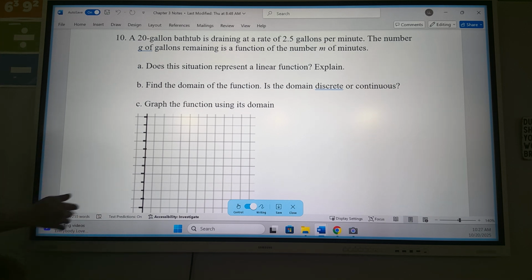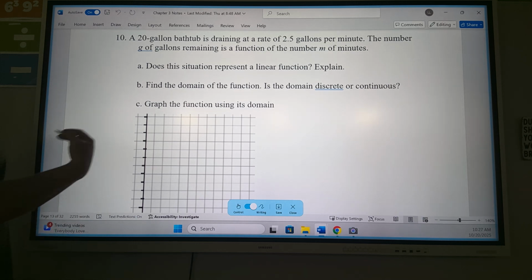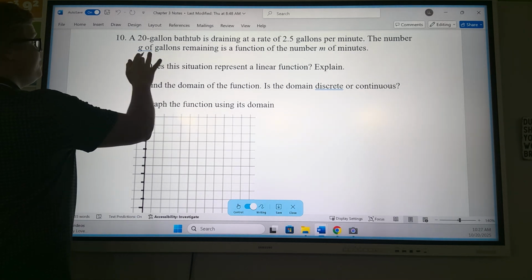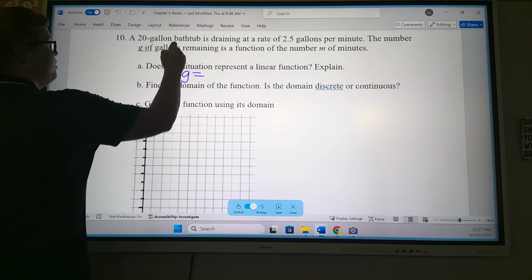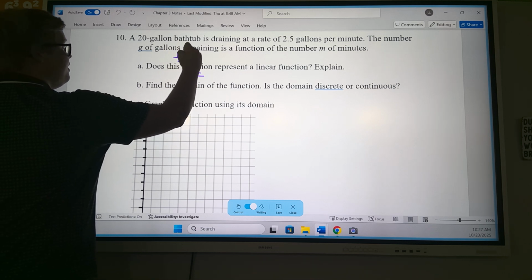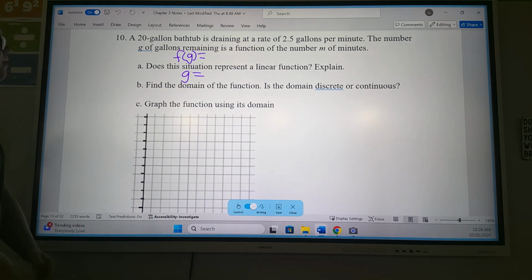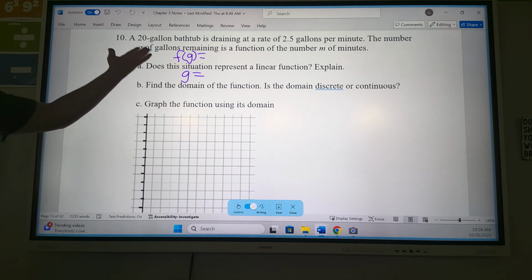So, does the situation represent a linear function, yes or no? Well, let's see. A 20-gallon bathtub is draining at a rate of 2.5 gallons per minute. The number of G gallons remaining is a function of the number of M minutes. So, does it represent a linear function? Well, we know that G is a function, right? So G equals, it's also typically written as the function of G equals, now it's going to be 20.